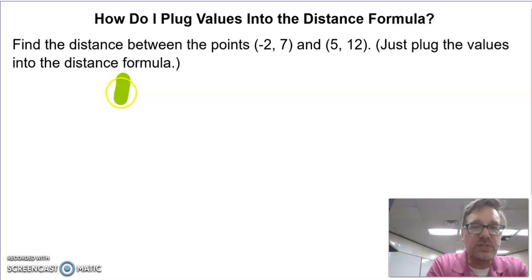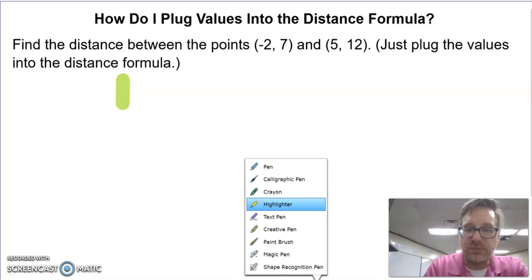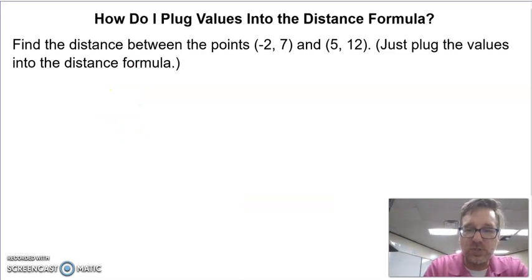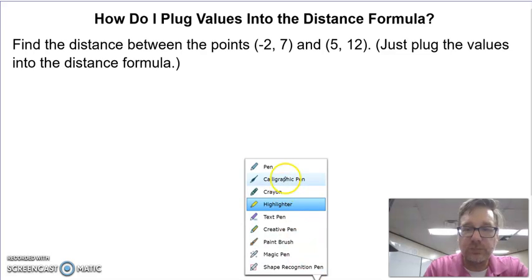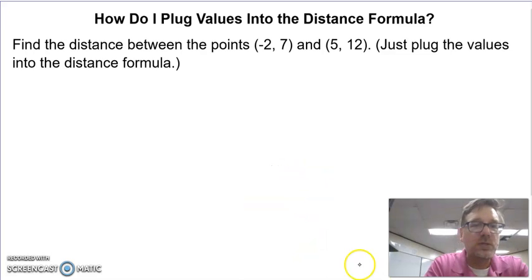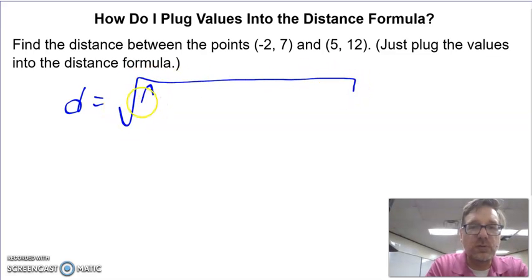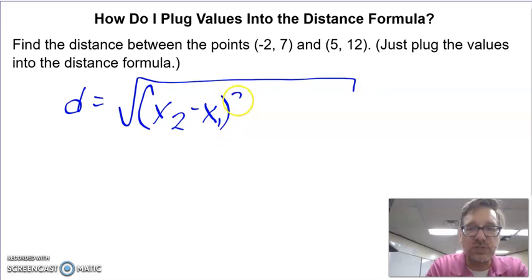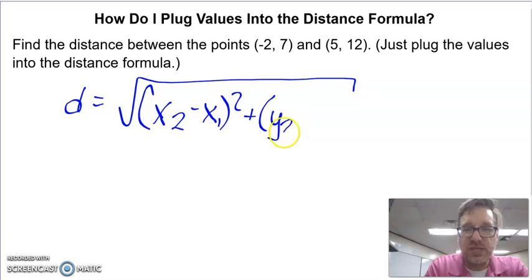So our distance formula says the distance, let me fix that. It'd help if I remember what I was writing with, right? So we know the distance between any 2 points is the square root of x2 minus x1. We're going to square that difference, plus the second y value minus the first y value, and we're going to square that distance.